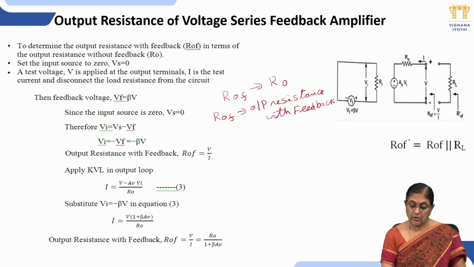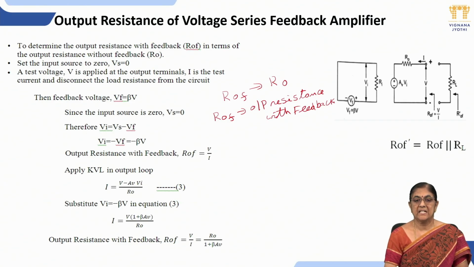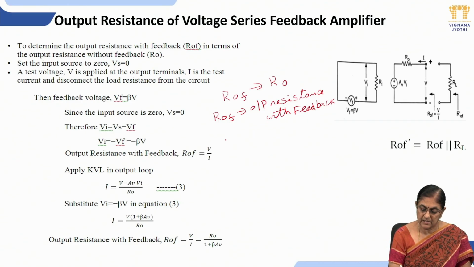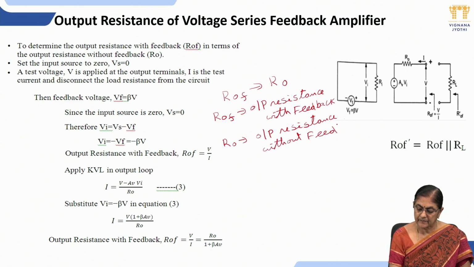Okay. What is R0? Output resistance of the voltage amplifier. That means without feedback. R0 is output resistance without feedback.